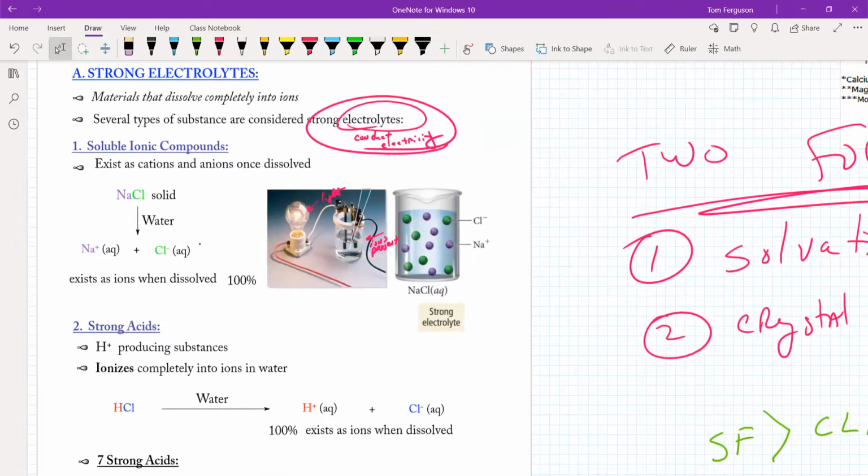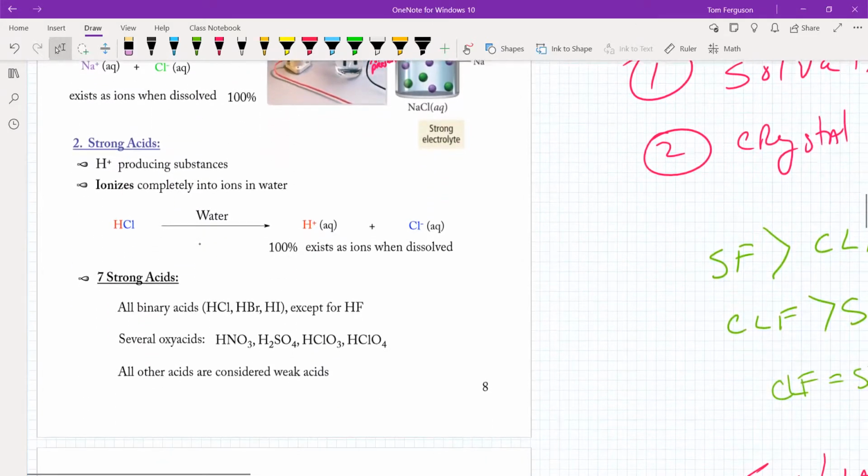We have strong electrolytes and we have weak electrolytes. Weak electrolytes give a little bit of ions. Strong electrolytes give a whole bunch of ions, or they totally dissolve. Weak electrolytes partially dissolve. Acids give off hydrogen ions.